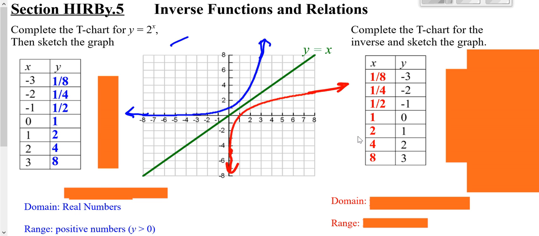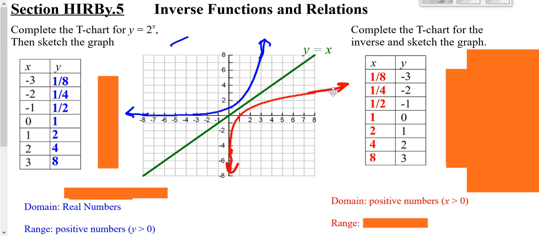Now, when you switch it and do your inverse, your domain is what you put in. Notice we're only putting in positive numbers. Or looking at your graph, notice that your graph only exists to the right of the y-axis where your x is positive. And your range is how far up and down the red goes.